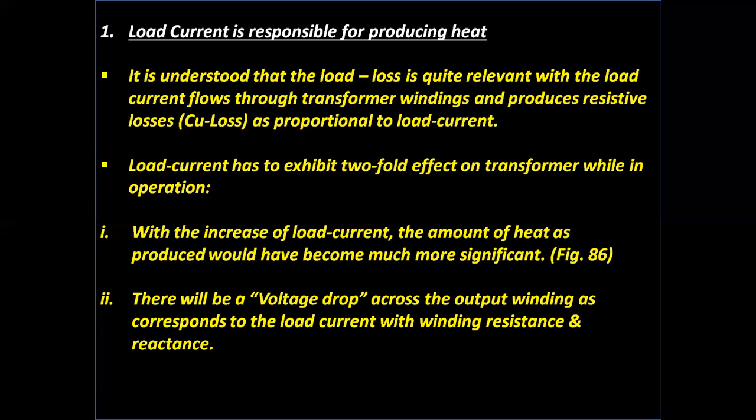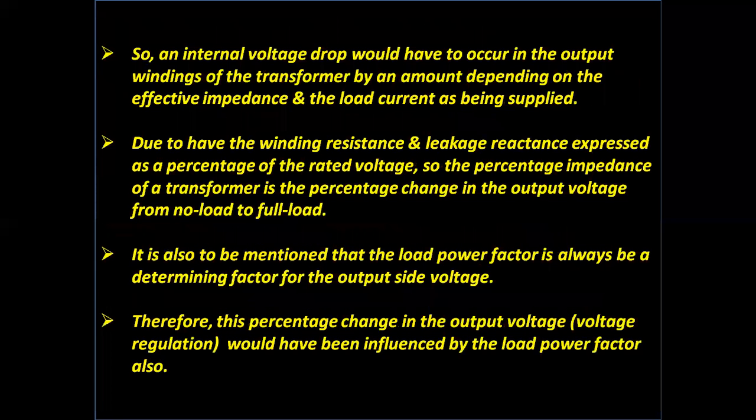See figure 86. There will be a voltage drop across the output windings corresponding to the load current with winding resistance and reactance. So, an internal voltage drop occurs in the output windings of the transformer by an amount depending on the effective impedance and the load current being supplied.